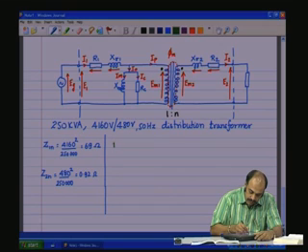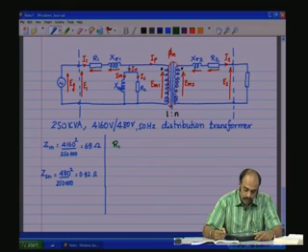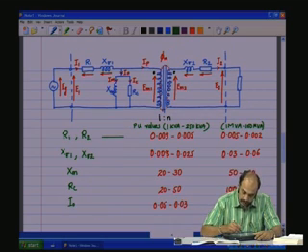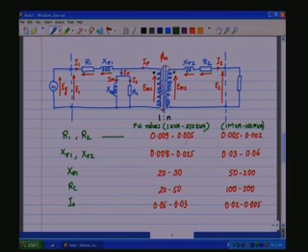So now R1, we look at the table and we are talking of the 250 kVA transformer, and therefore let us take these values for consideration. So R1 and R2, the per unit value is 0.005.